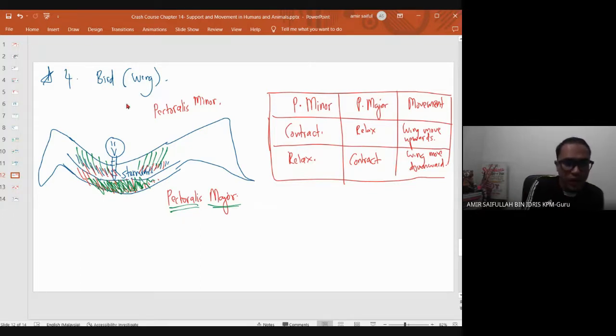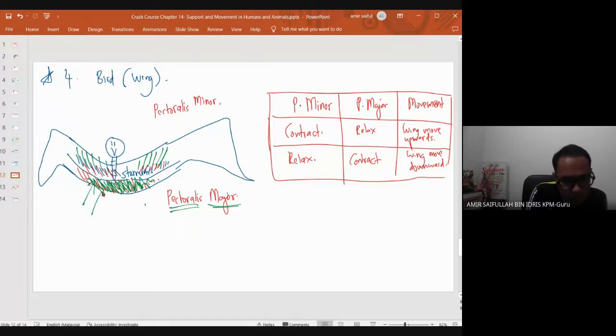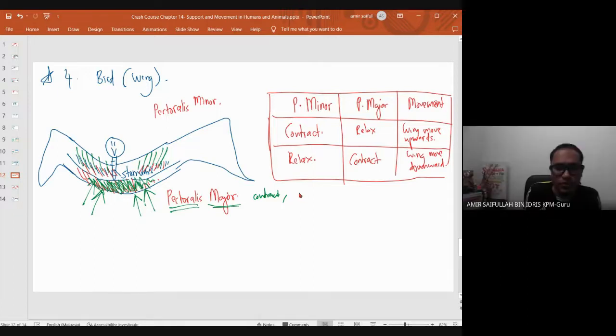Now same thing. If here contracts, you see my direction, I put my arrow here. It means pectoralis major contracts. What happens to pectoralis minor, guys? When pectoralis major contracts, what happens to pectoralis minor? Relax. Pectoralis minor will relax.